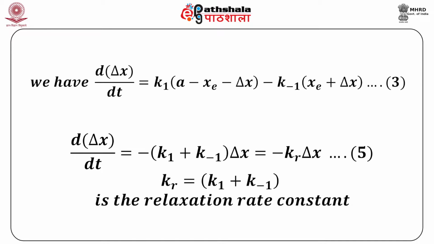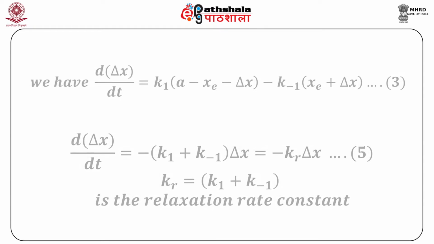Substituting this in equation 3, we have d of delta x by dt equals minus (K1 plus K minus 1) into delta x, which equals minus Kr into delta x, where Kr, the sum of both rate constants, is the relaxation rate constant.